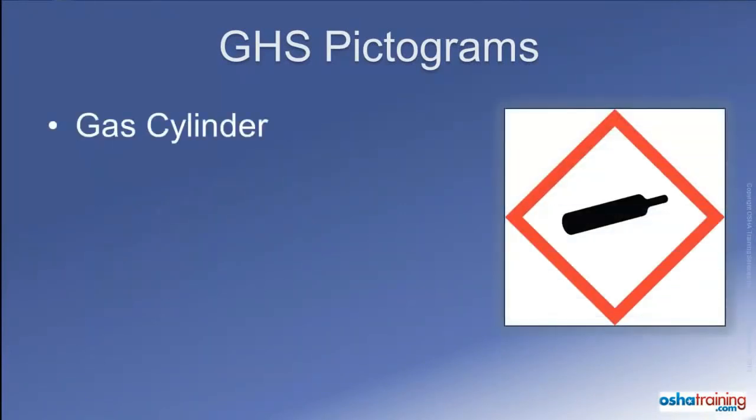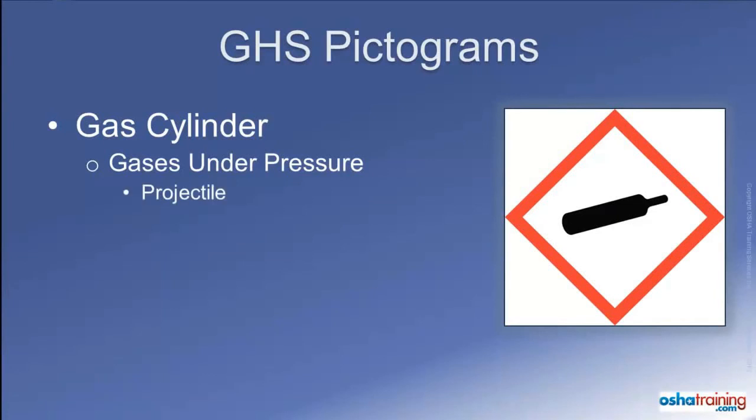The compressed gas cylinder will appear on labels of cylinders of compressed gas under pressure. Care must be taken when handling these cylinders because in the right conditions, a broken regulator or valve can cause the cylinder to become a projectile.